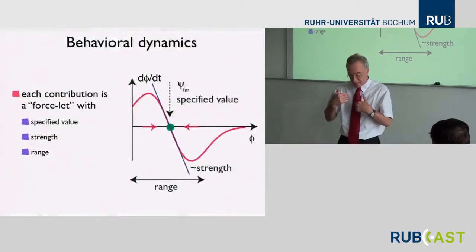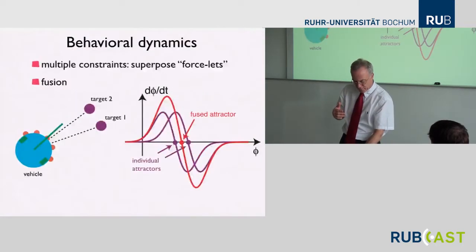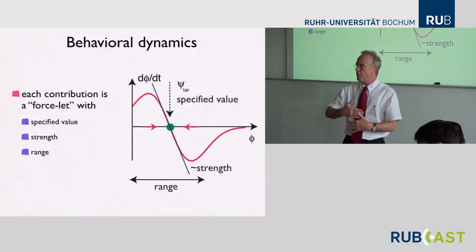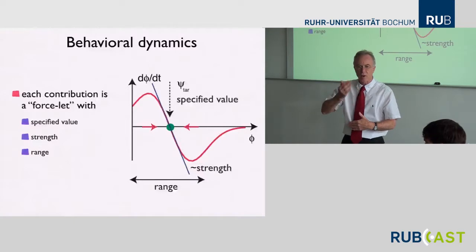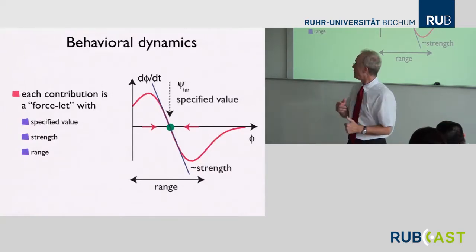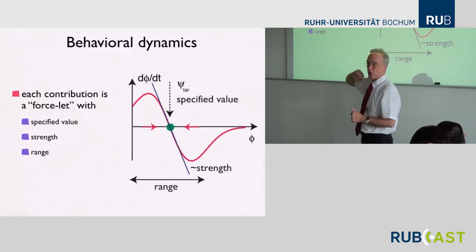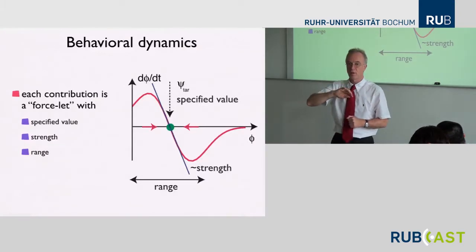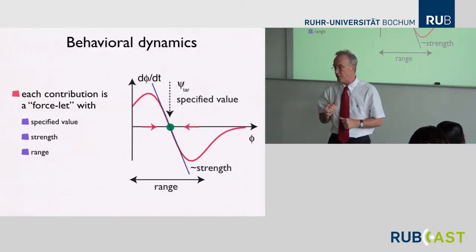So we're just actually summing. I think I have. No, I don't have a slide like that. For now, we're just summing all these contributions of every constraint and have a summing at the level of contributions to rate of change. So just superposing these constraints.